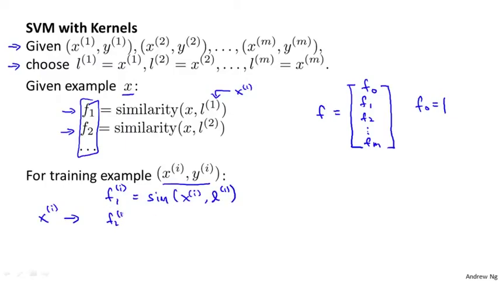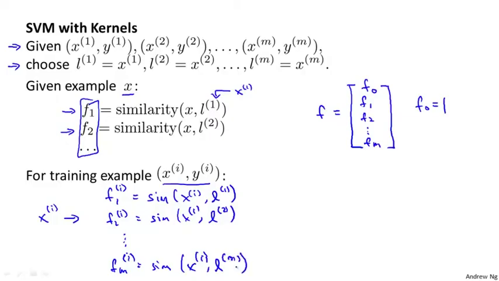And f2i equals the similarity between xi and L2, and so on down to fmi equals the similarity between xi and Lm.